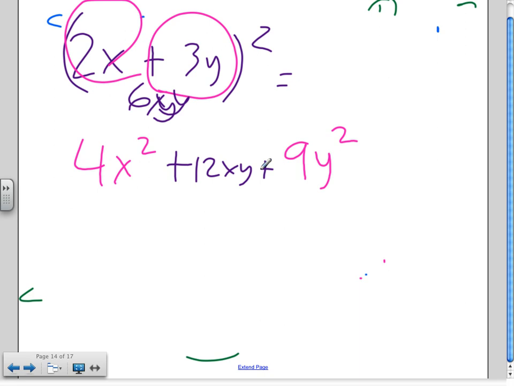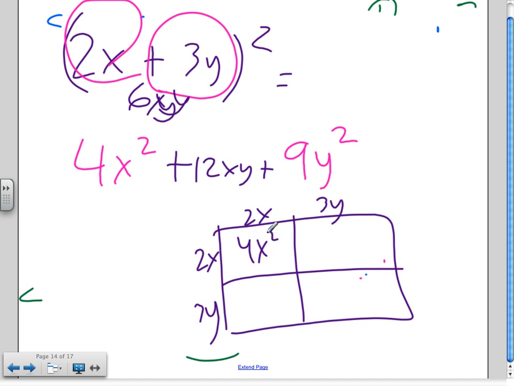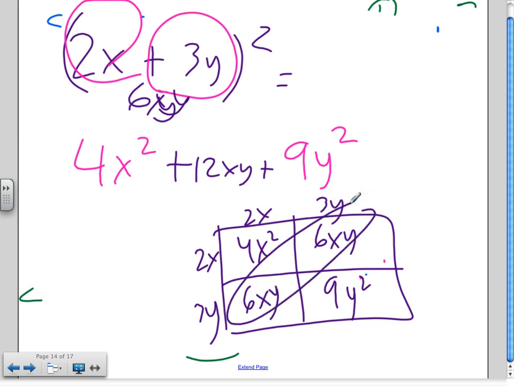But if you don't believe me, here's the box. You got 2x, 3y, 2x, 3y. 2x times 2x, 4x squared. 3y times 3y, 9y squared. 2x times 3y, 6xy, 6xy. Like terms, 12xy.